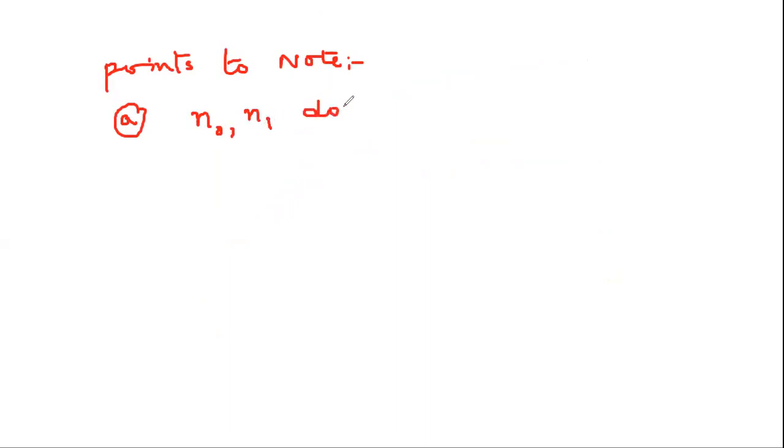So points to note. First thing I call A: N naught and N1 both do not depend on ground state energy epsilon naught, because epsilon naught is contained in Z naught, and Z naught does not enter equation 2, right?